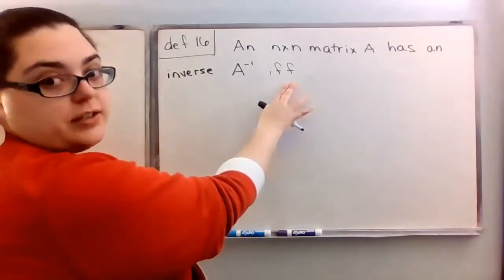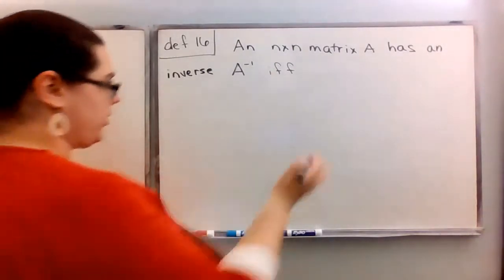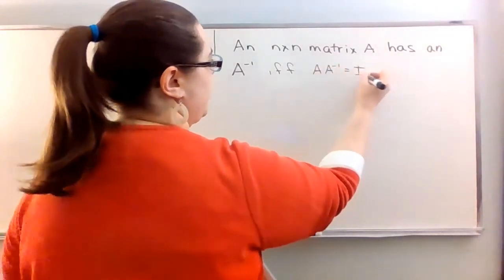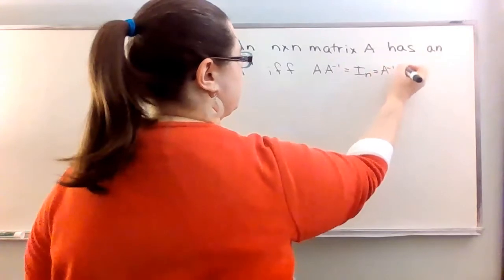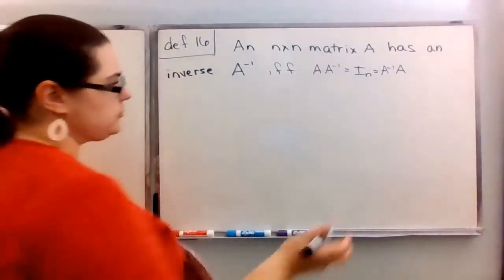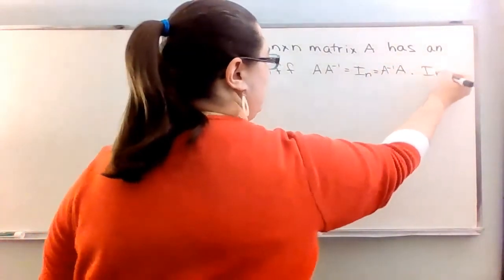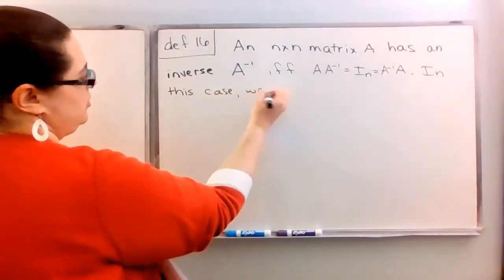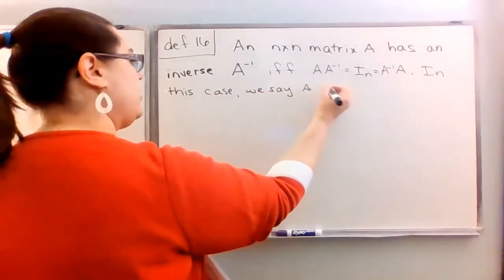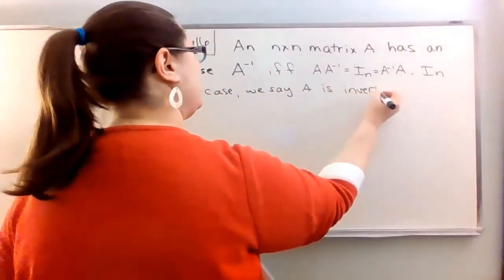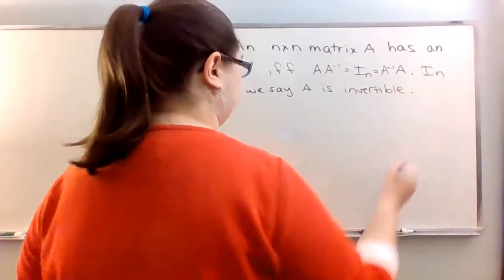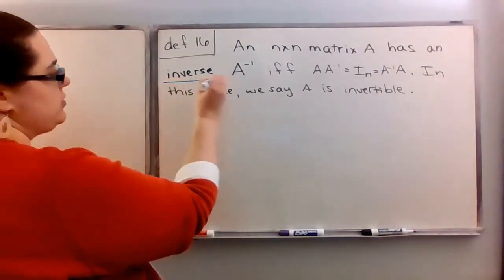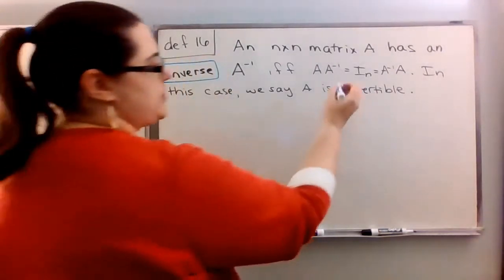So IFF means if and only if. A inverse equals IN equals A inverse A. In this case, we say A is invertible. So we've defined 2 terms in this definition: inverse as well as invertible.